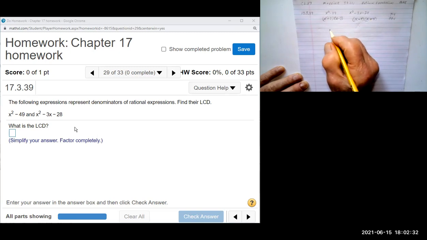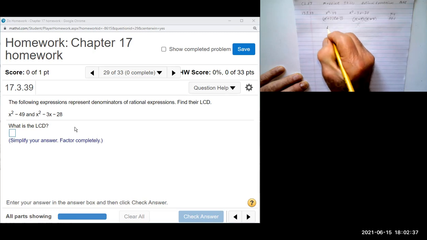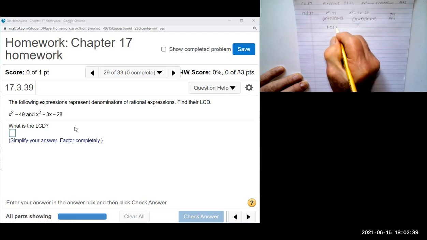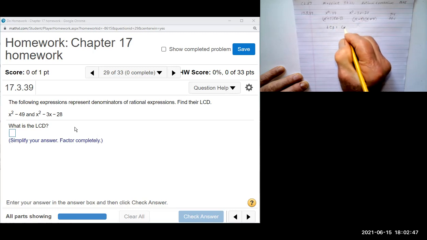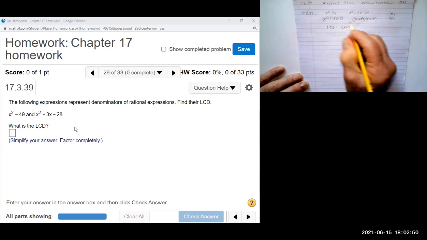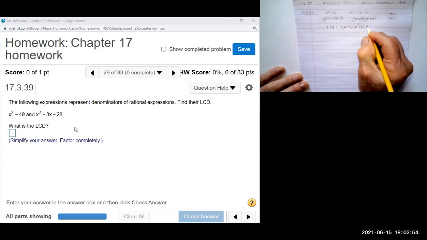Now, the second step, after we factored each expression, is to look at each factor and write down each of the different factors. So we have an x plus 7, we have an x minus 7, and we have an x plus 4.